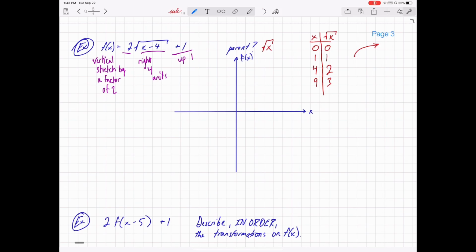So what's going to happen here is it's going to move that point that we start at 4 over and up 1. Now, normally from this point, if you look at our chart here, we'd go to the right 1 and up 1. But since we have this factor of 2, we're going to go over 1, up 2.